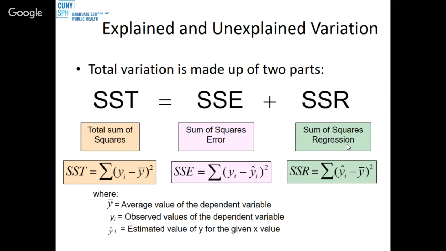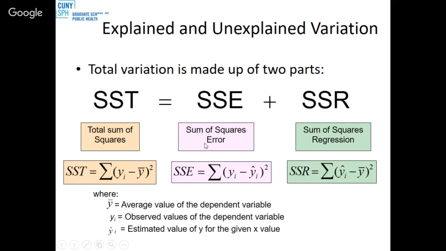So it's nice in that no matter how complicated your regression model is, you get into multivariate models, you can have mixed variable types. You can have a regression model that includes both categorical and continuous predictors. You just still have a single R squared.